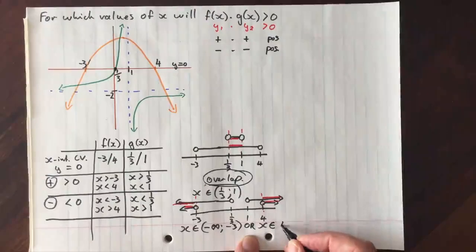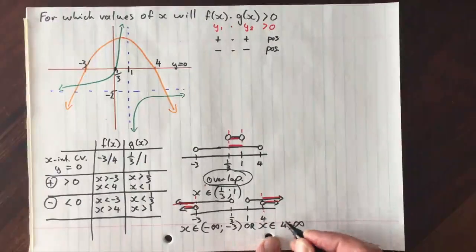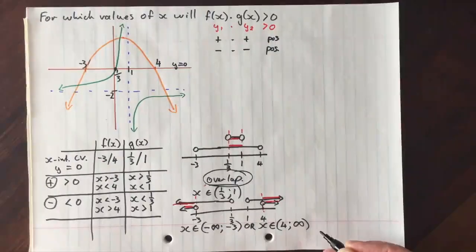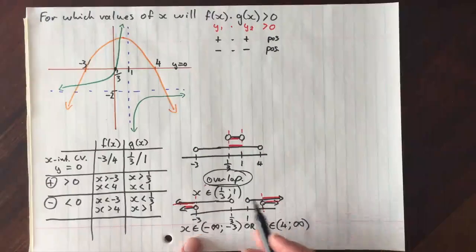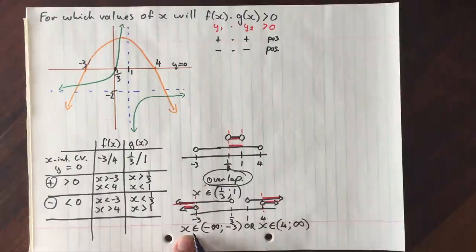We will start at 4 and it will continue to the right up to infinity, also open brackets. And that is my solution. That is my solution. For x an element from 1/3 up to 1, or x an element from -infinity to -3, or x an element from 4 up to positive infinity.